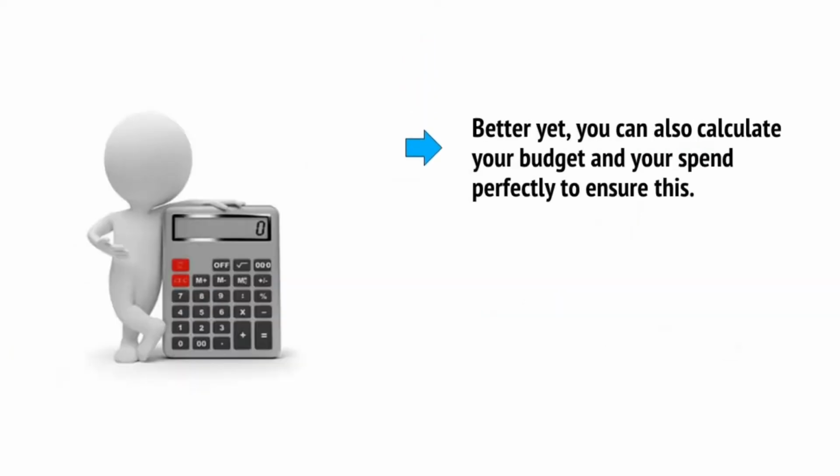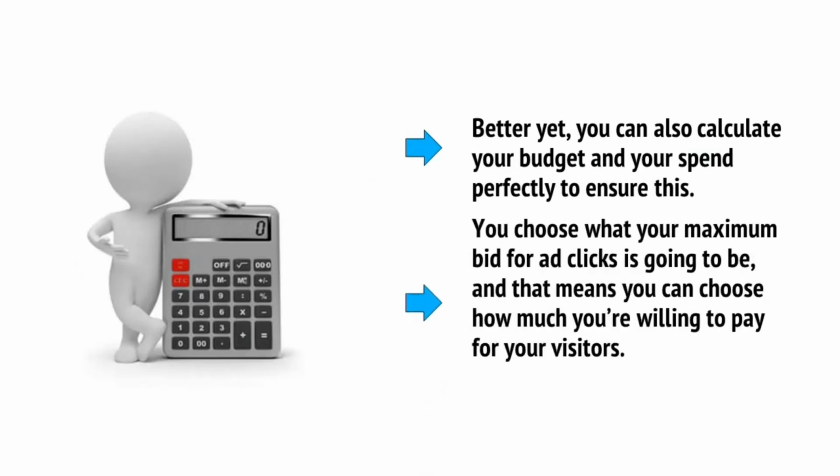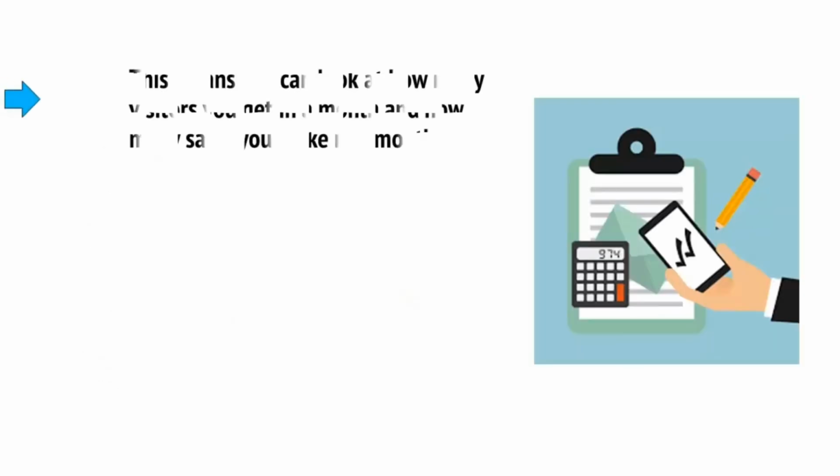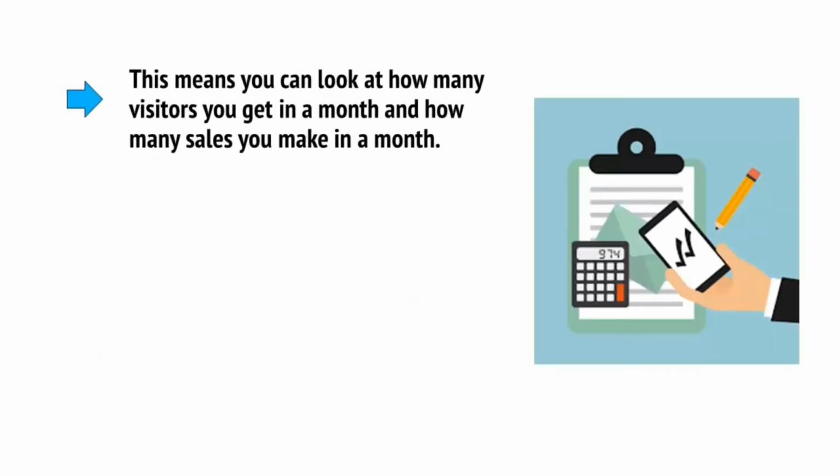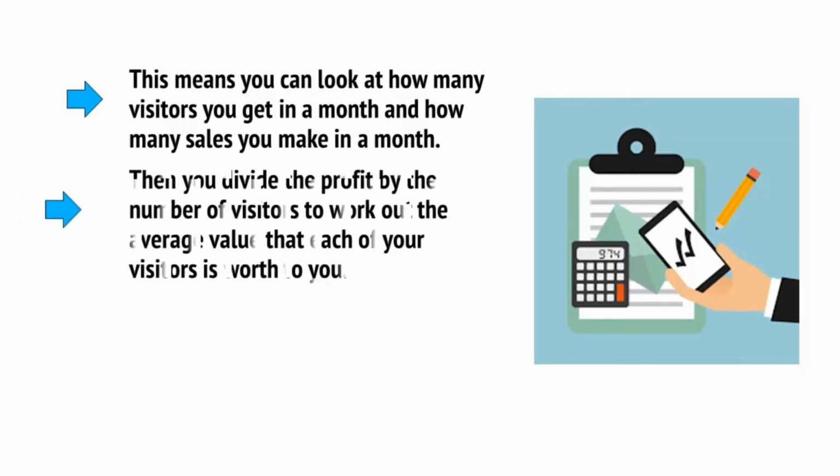Better yet, you can also calculate your budget and your spend perfectly to ensure this. You choose what your maximum bid for your ad clicks is going to be, and that means you can choose how much you're willing to pay for your visitors. This means you can look at how many visitors you get in a month and how many sales you make in a month.